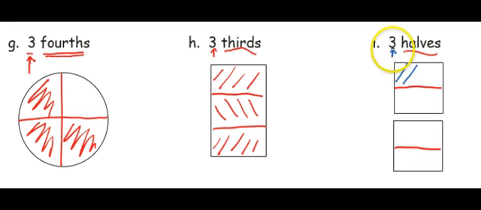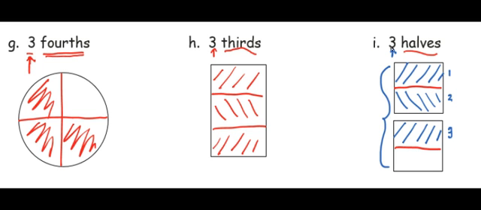So I can shade in 1 half here, another half here, so that's 2 halves, and then a third half here. So there's 1 half, 2 halves, and 3 halves. So you can see when we have 3 halves, we have to have more than one shape to show it.